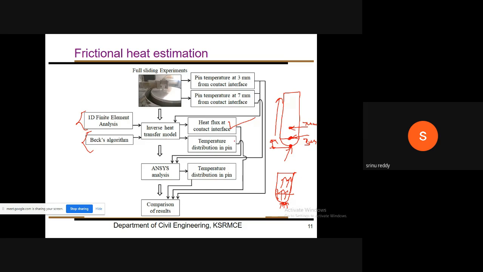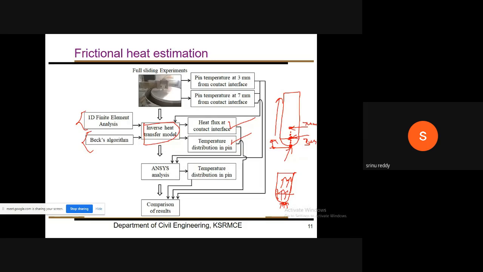The output of the MATLAB code is the heat flux at the contact and the temperatures at each position, such as 1 mm, 2 mm, 4 mm, 5 mm. 3 mm we already have. At the required positions, we can get the temperature data.